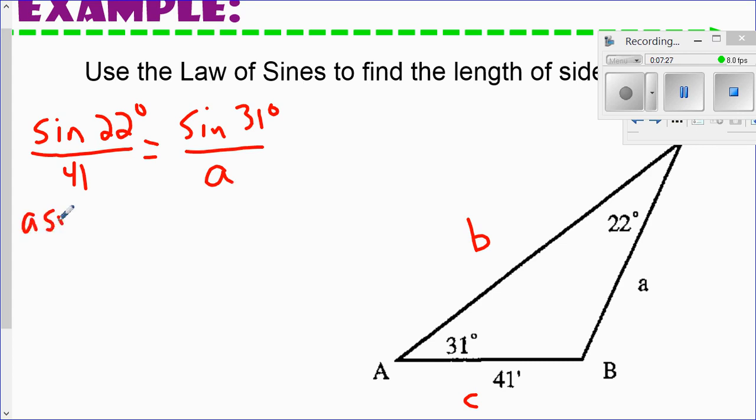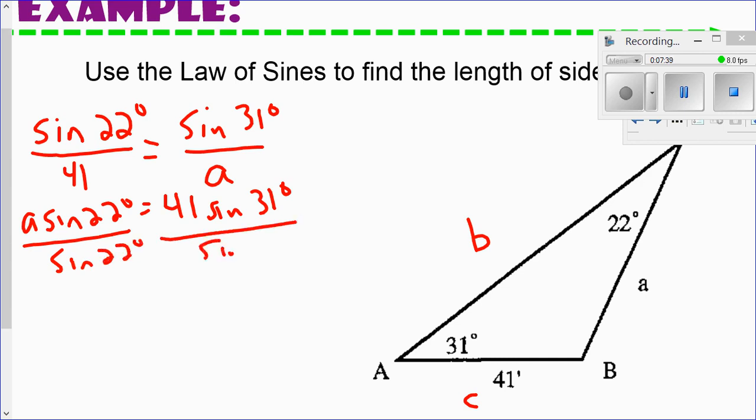So A sine 22 is equal to 41 sine of 31. And I'm going to divide both sides by the sine of 22, which is going to get me A. So in the calculator, I am typing 41 times the sine of 31 degrees, and I'm dividing that by the sine of 22.